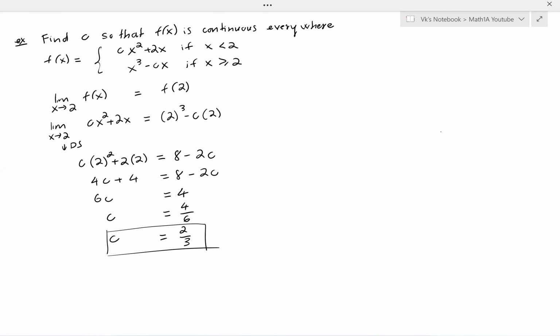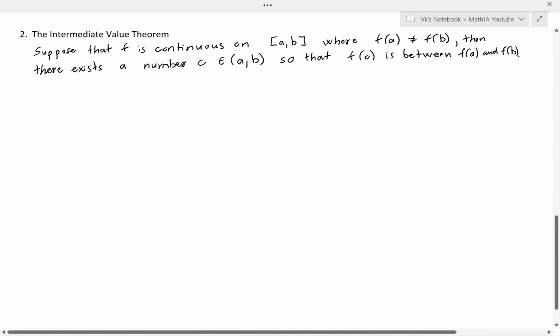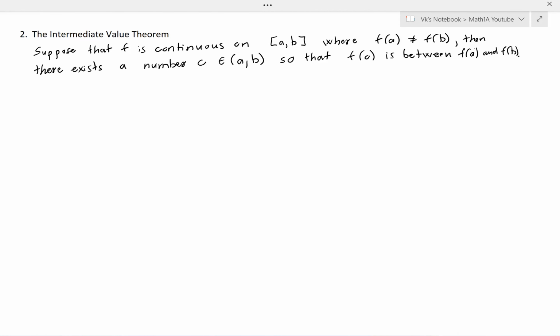Continuity is very useful, and one of the uses of continuity is in defining the intermediate value theorem. This is what it says. Suppose that f is continuous on the closed interval a to b, where f(a) is not the same as f(b), then there exists a number c in the open interval a and b, so that f(c) is between f(a) and f(b).